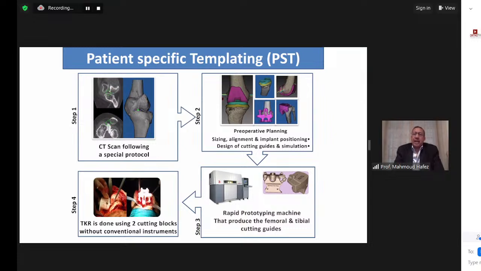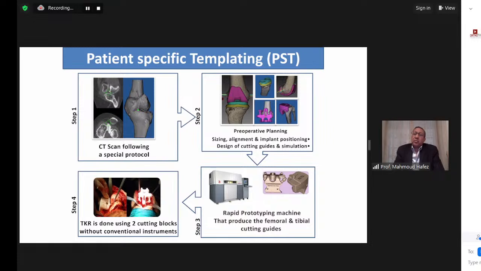We get this CT scan inside the computer, giving 3D images of the knee: coronal, sagittal, and axial. With these planes, you can see the knee from everywhere. You can spot all the deformities, all the problems that you cannot see during surgery.